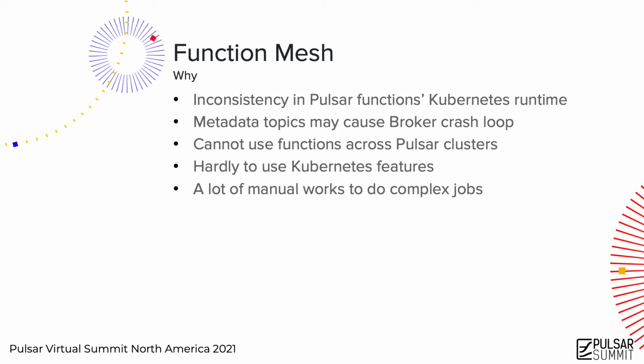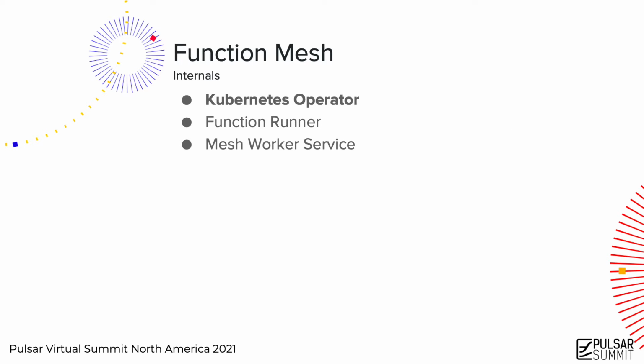And additionally, it is hard for users to manage multiple functions and bind them into a single job to achieve a complex processing goal. Without function mesh, users need to do a lot of manual work to organize and manage multiple functions to process events. With this background, let's move on to function mesh.